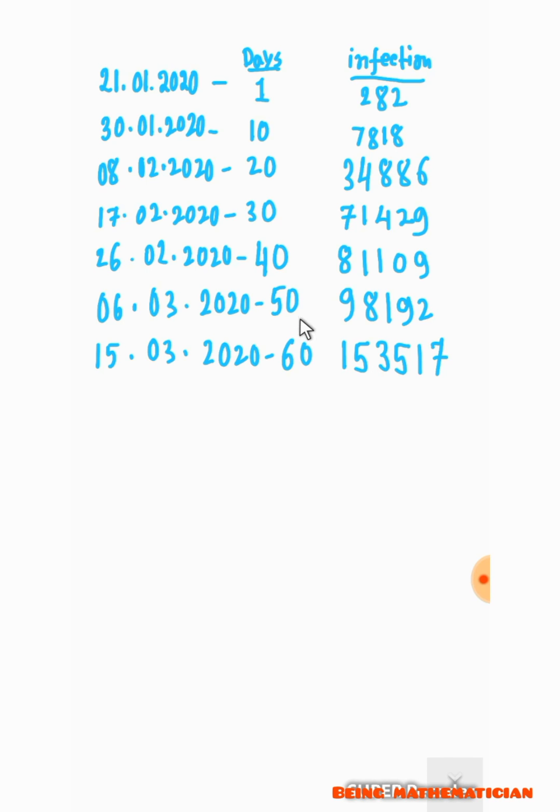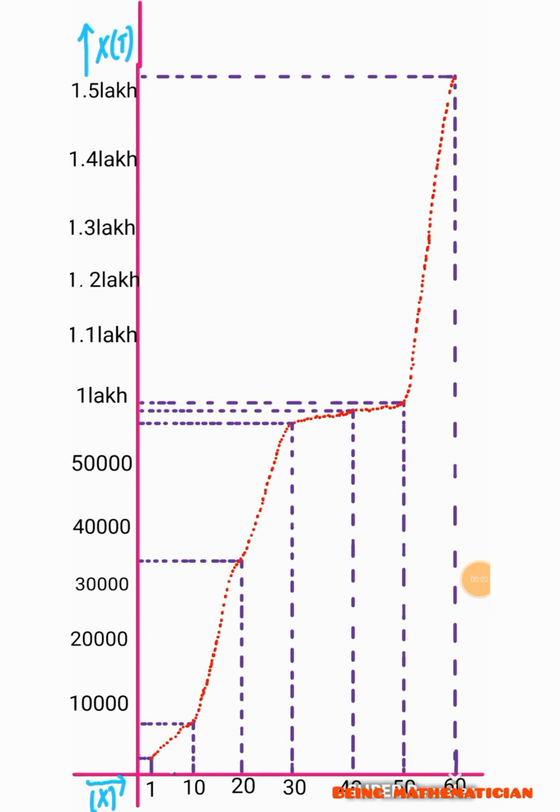Let's plot this data in the graph paper. So this is the graphical representation of the actual data from 21 January to 15th March.